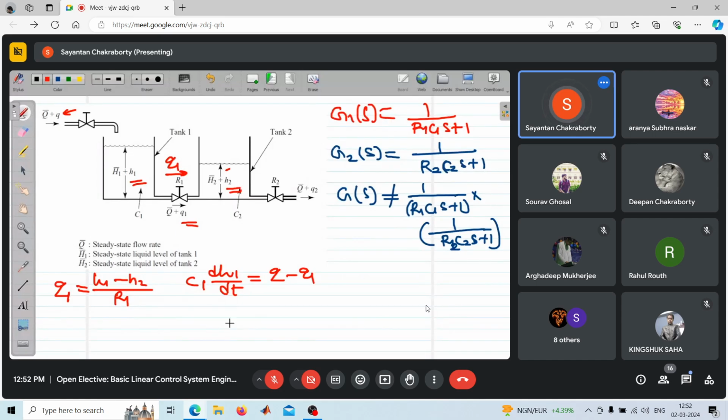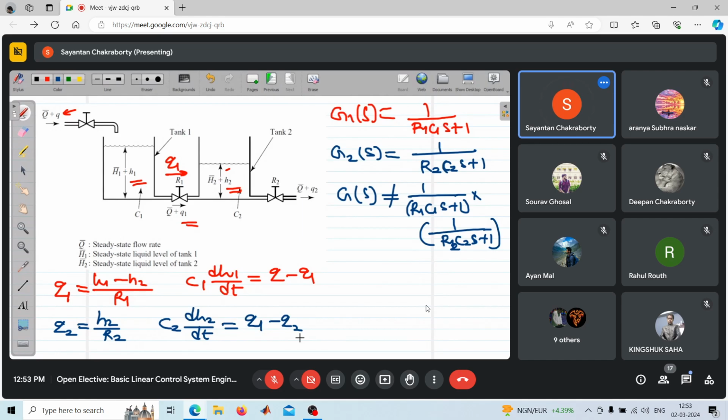This is for tank 1. For tank 2, considering it to be linear, Q2 is equal to H2 by R2, and C2 dH2/dt is inlet flow Q1 minus outlet Q2, Q1 minus Q2. So these are the two very fundamental differential equations.